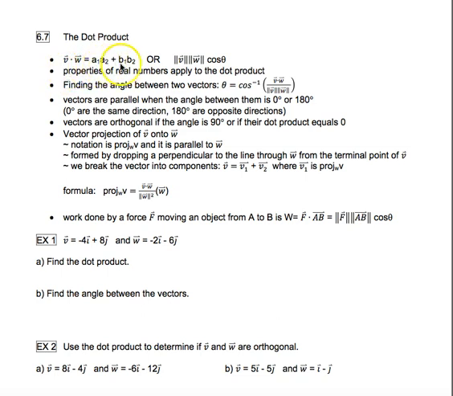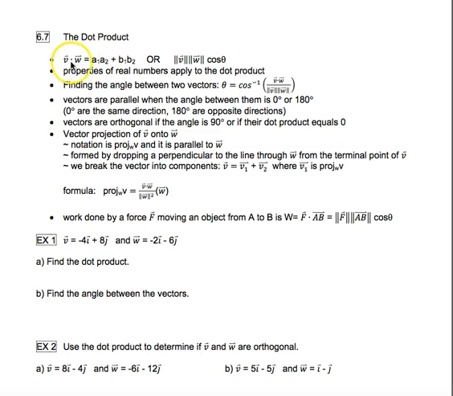We do multiply within it, but you can see that what we're doing when we find the dot product of two vectors is we're taking the product of their A values and adding the product of their B values. So not exactly like multiplication, but the closest thing that we have when we're talking about two vectors.